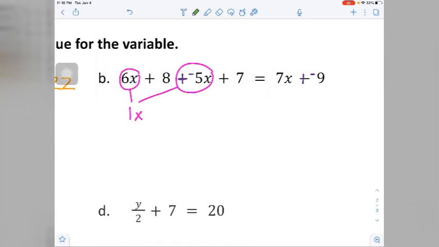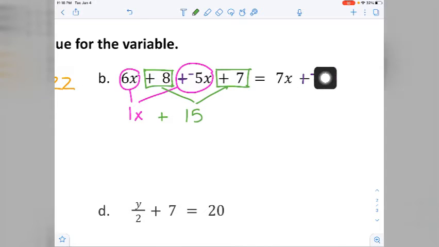And then I have an 8 plus a 7. When I add those together, I would get 15. So this side would be 1x plus 15. And the other side, I can't combine any like terms, so I am just going to keep it the way it was, as 7x plus negative 9.